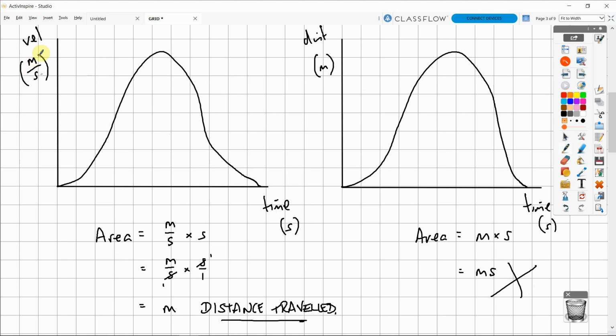And if these units are describing some other quantities, if they combine in this way, this dimension multiplied by this dimension, if they combine to make something meaningful here, then you can use it in that other context as well. Although at GCSE, it really will just be velocity time graphs and the distance being the area under that velocity time curve.